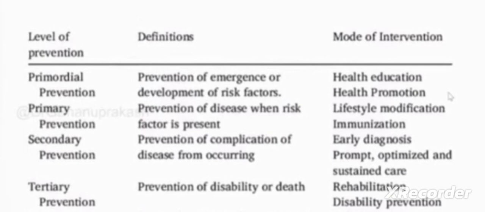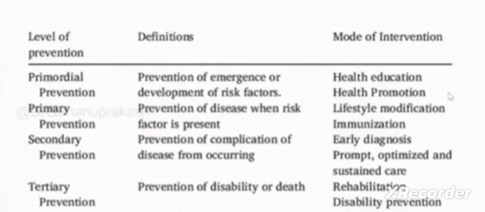That is secondary prevention. In tertiary prevention, prevention of disability or death, that is rehabilitation, disability prevention, etc. So here, for example, if the patient has diabetes, there are a lot of complications like microvascular complication, macrovascular complication, diabetic foot, etc. If the patient has diabetic foot, sometimes we need to amputate the toes, right?